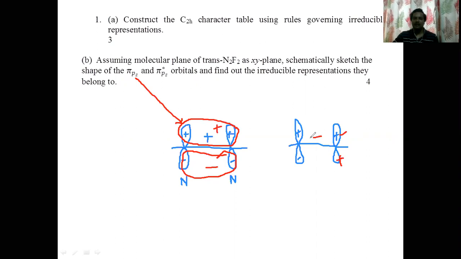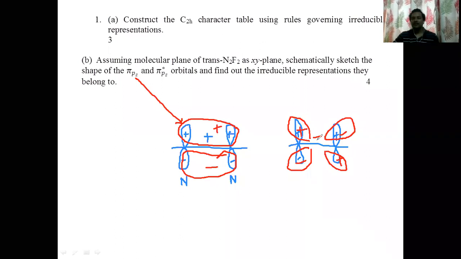Instead, I'm going to get something like this, and this part is going to be plus, this is going to be minus, again this is going to be minus, and this is going to be plus.